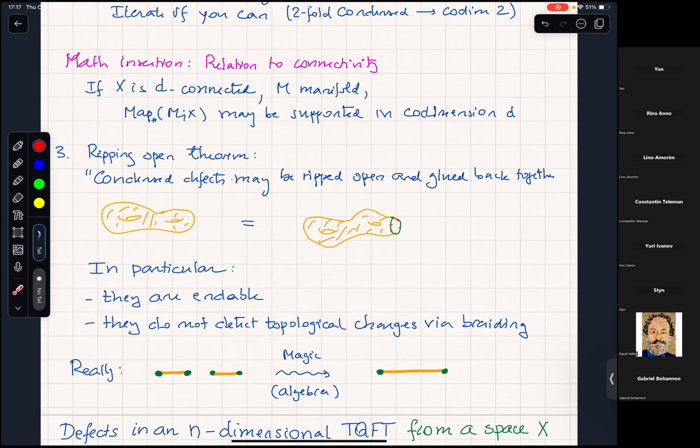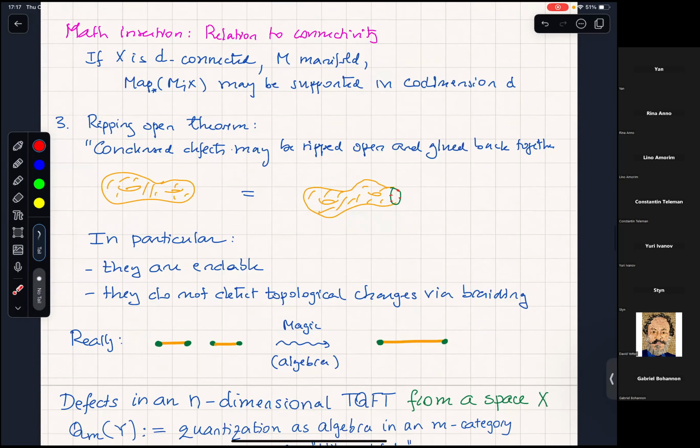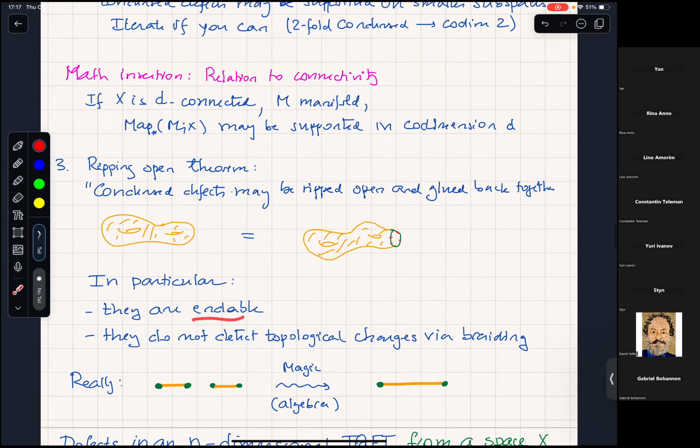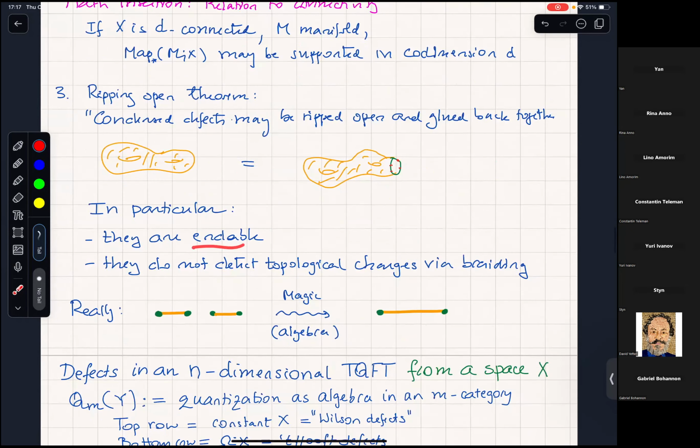So, all right. Now if you look at this endable thing and ripping open and putting it back together, clearly what it wants to say is that you have a very small interval with two endpoints, which before, because you weren't looking very carefully, looked like just a dot. And if you have two of those, you can somehow magically put them together into a longer interval.